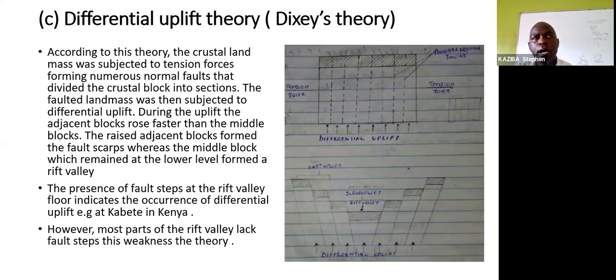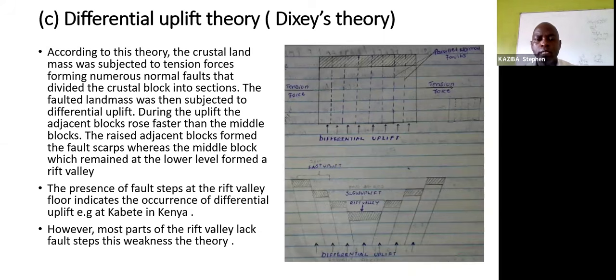Then we go to differential uplift. Now this is caused by rising convection currents, which lead to multiple faults, and land is uplifted at different rates. The 2 outer blocks are uplifted faster than the middle block, so the middle block forms the Rift Valley.